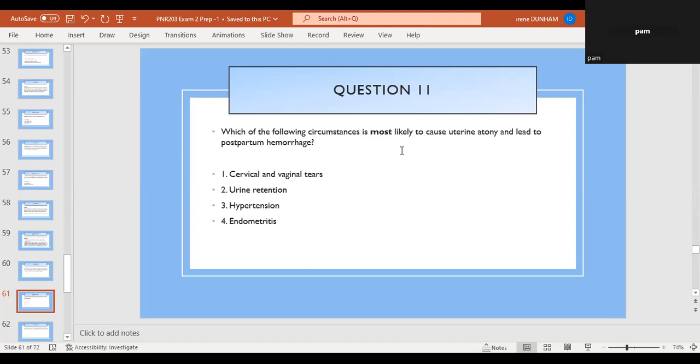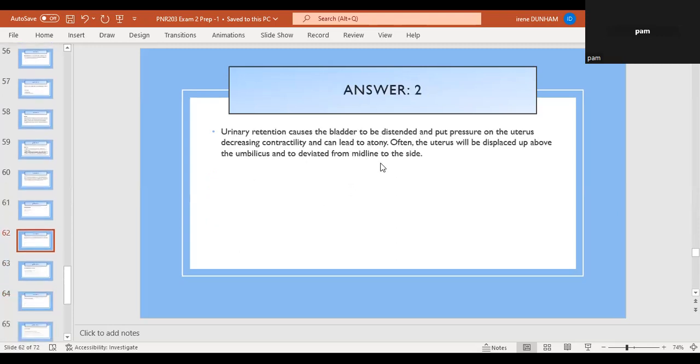Remember distension of the bladder, hypertension, or endometritis. So which one was most likely to cause that uterus not to be toned? And that would be what? Urine retention, right? Okay, it's just another word to say the bladder is distended, correct? Okay, there you go. Urinary retention causes the bladder to be distended and put pressure on the uterus, decreasing contractibility and can lead to atony.